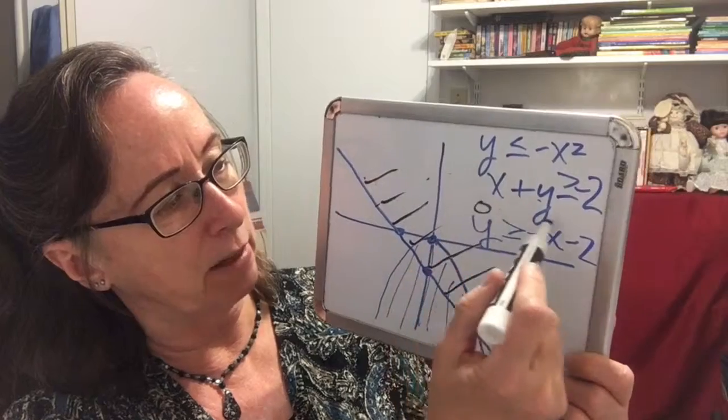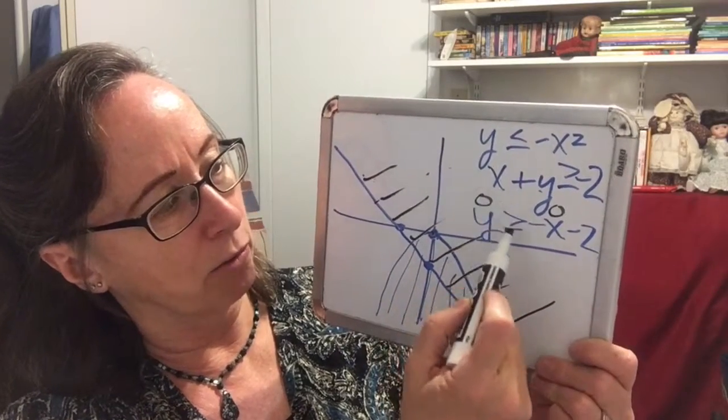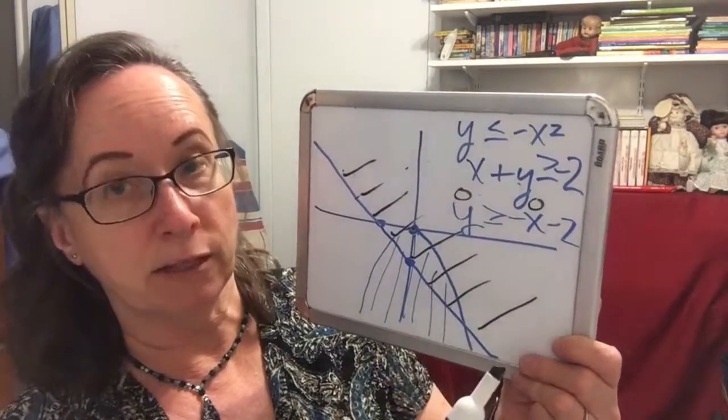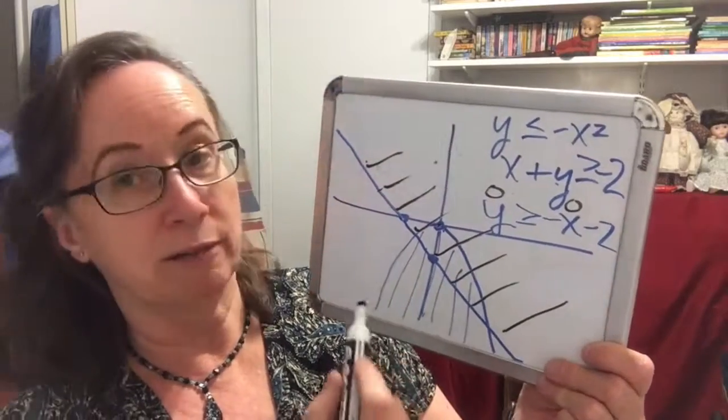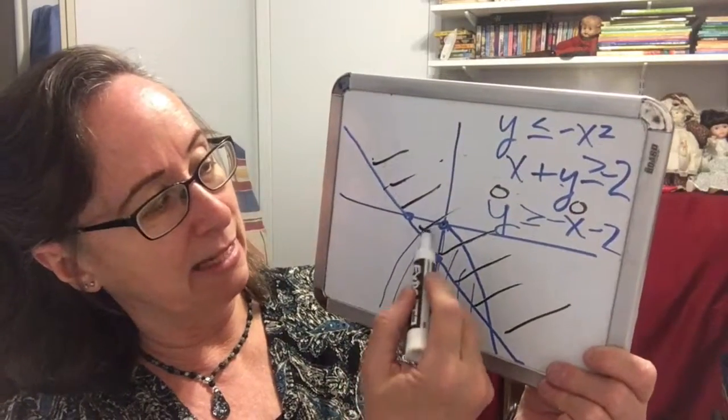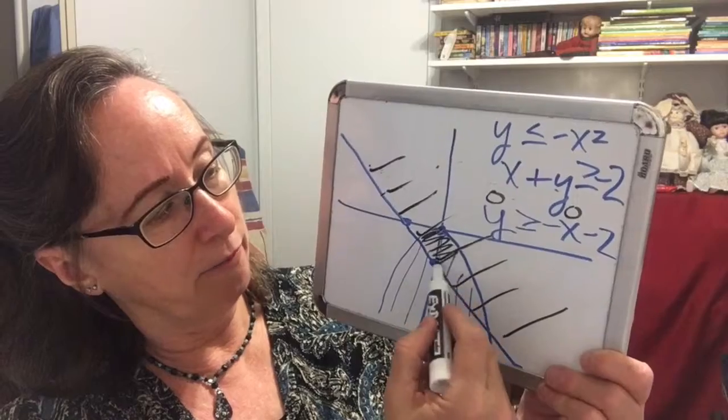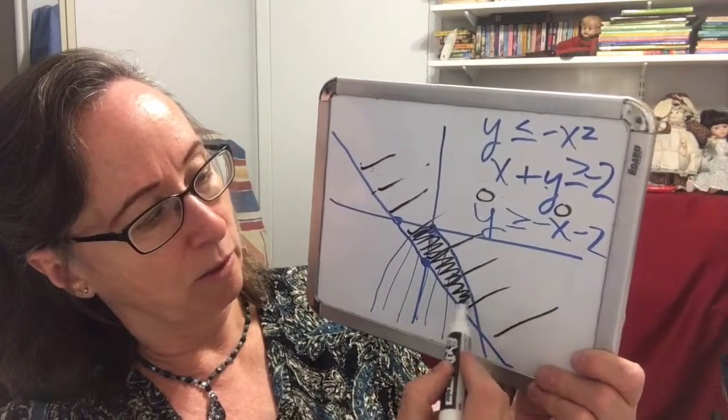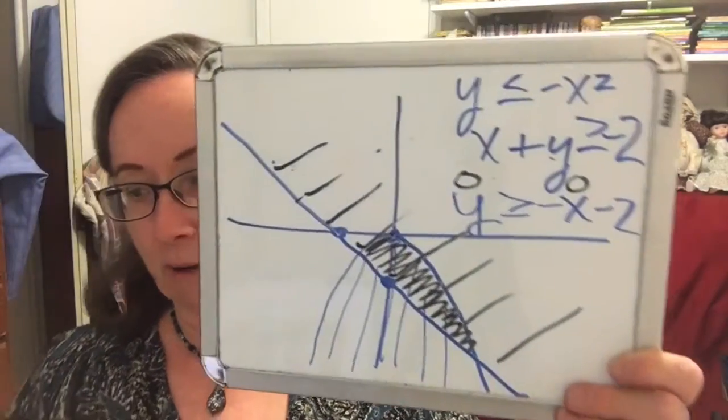If we plugged in a 0, is 0 greater than or equal to -2? Yes, it is. Okay, so now we're looking at the intersection of these two graphs, which would be right there.